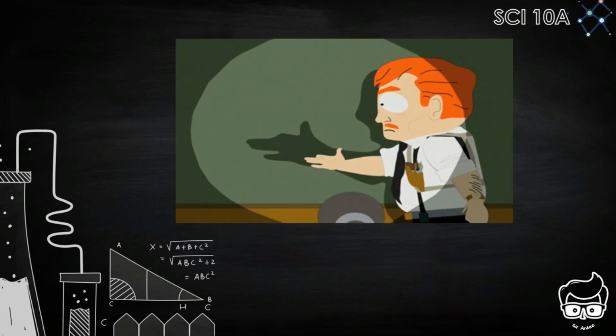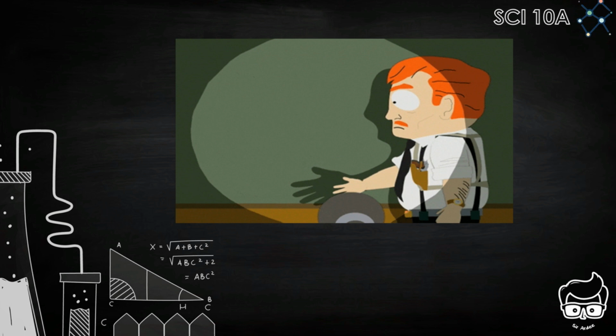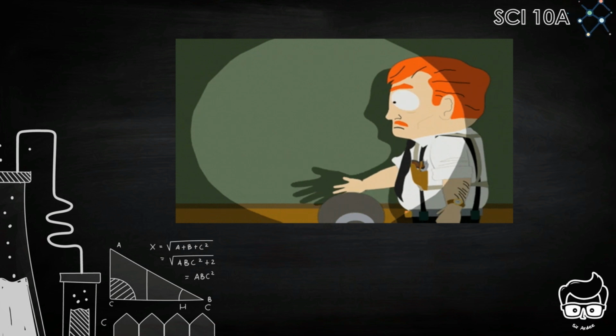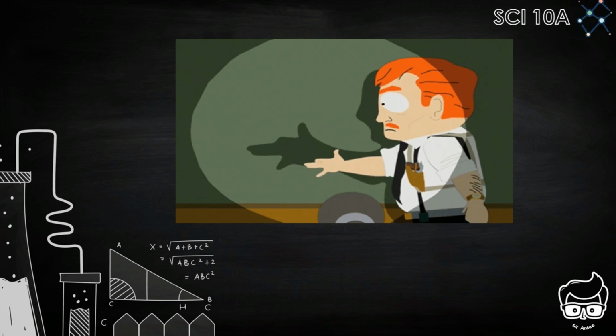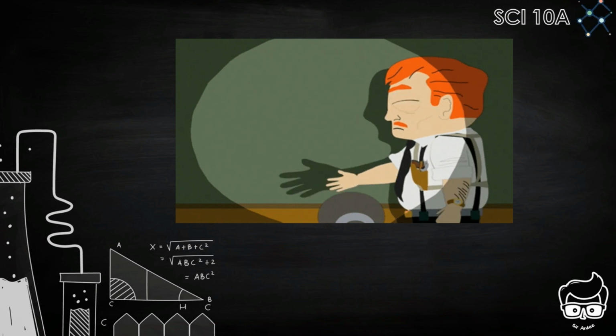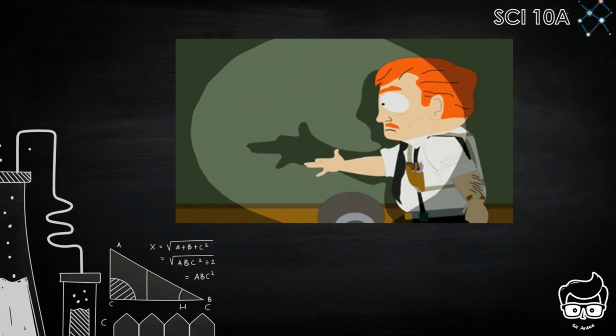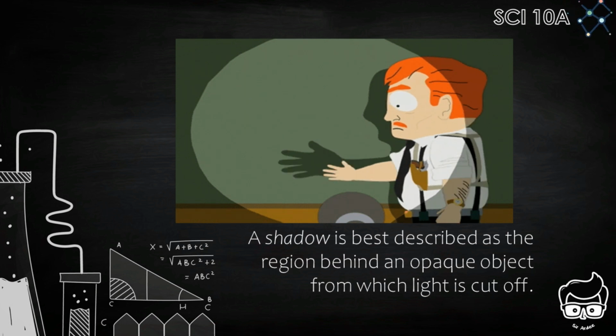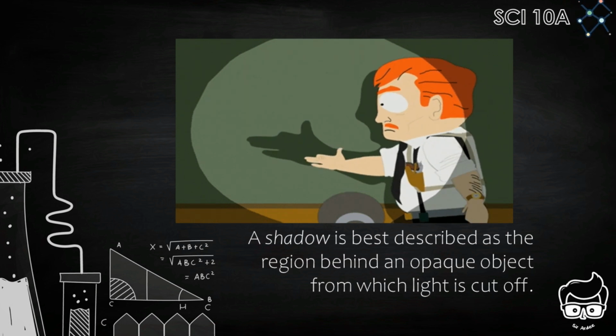When you are outside on a sunny day, you probably have noticed a dark image on the ground. This dark image is sometimes directly in front of you, beside you, or behind you, following you wherever you go. This is your shadow. A shadow is best described as the region behind an opaque object from which light is cut off.